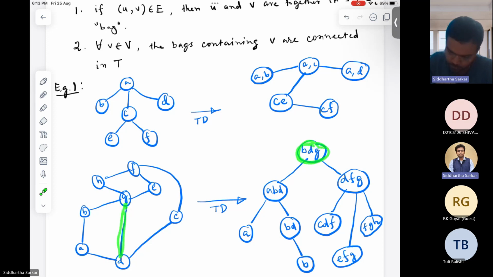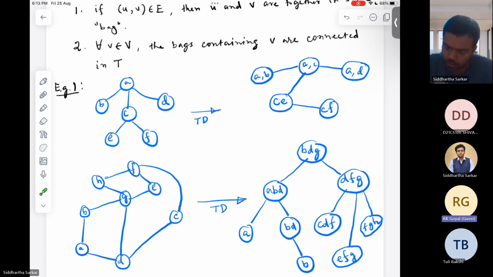DG in this bag, GH in this bag, FH in this bag, GE in this bag, EF in this bag, CF in this bag, CD in this bag, and DG. DG is already in this bag. So this condition is satisfied: for every edge, there is at least one bag where both the endpoints are contained.